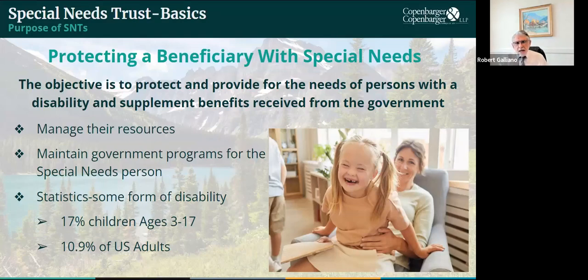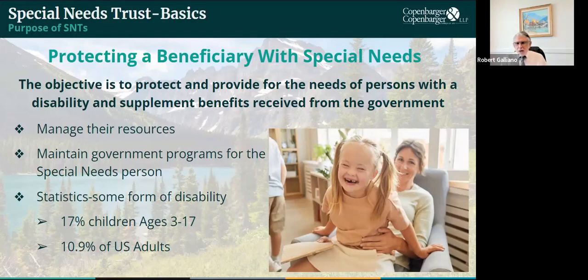The ability to have special trusts that permit us to manage the resources and that provide you the ability to maintain government programs for the special needs person is wonderful.